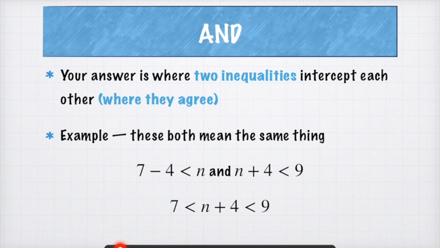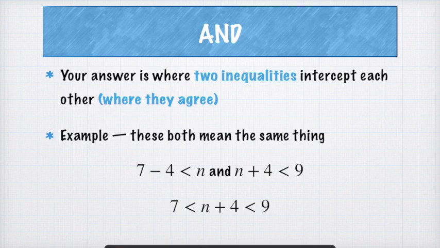The other way that we could write this is 7 is less than n plus 4, which is less than 9. Notice that the n is in the middle. It means that it has to be bigger than this stuff, because if we're reading backwards, it'd be n plus 4 is greater than 7, and it has to be less than this stuff because we're reading forwards.